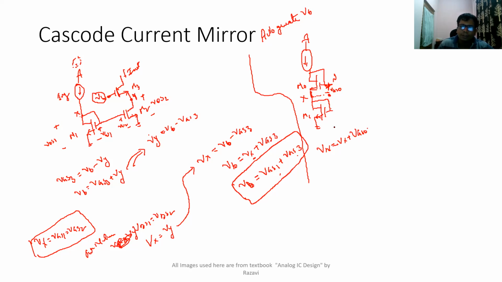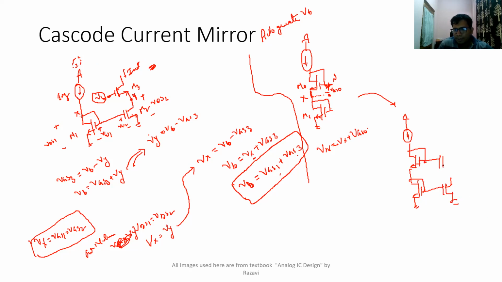Now, if I take this circuitry and connect it to the same old configuration which we have drawn in this figure, I'm coming back to this configuration.